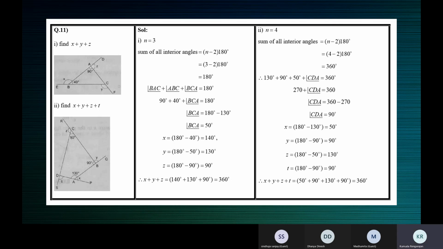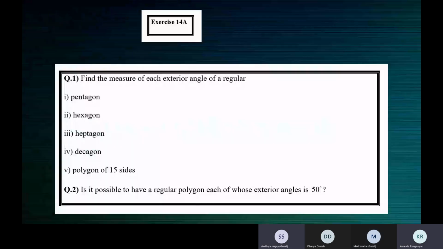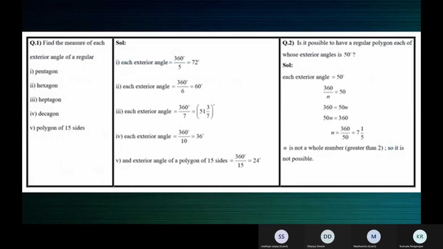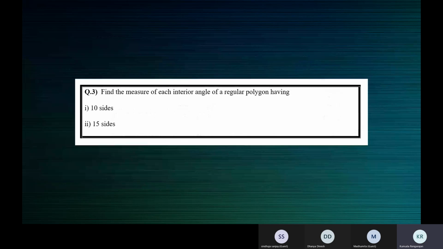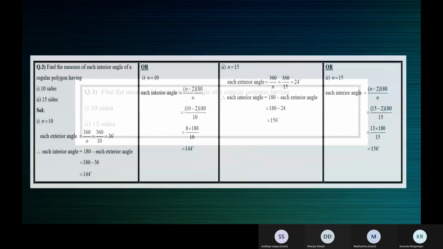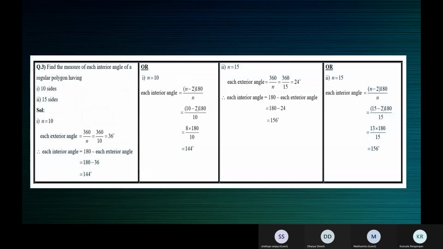We finished this one, right, children? Yes, ma'am, this is over. These are over, right? Look into your book and tell me.